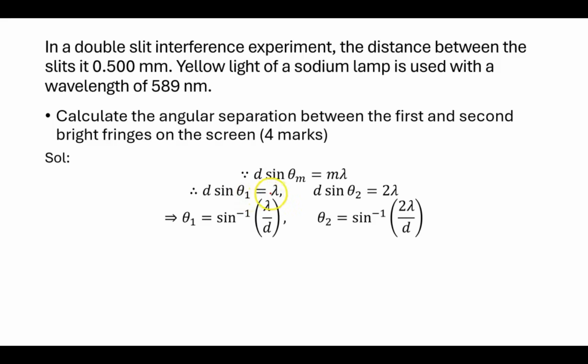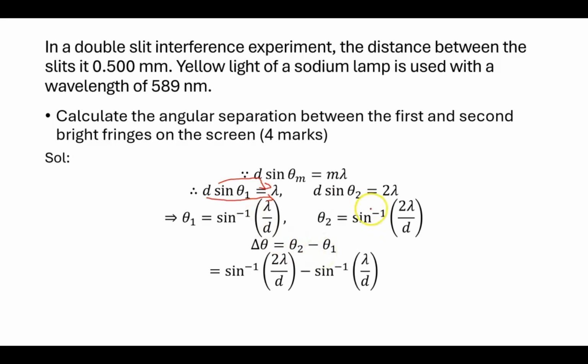To solve is very easy because I have a lambda here and a d here. You just divide by d to this side, and then you take the inverse sine here, so you can get this. And then you do the same thing for the second angle. And then for the angular separation, you just take the difference of these two. So it's this one minus this one. And then you're basically done because you have all the things you need.